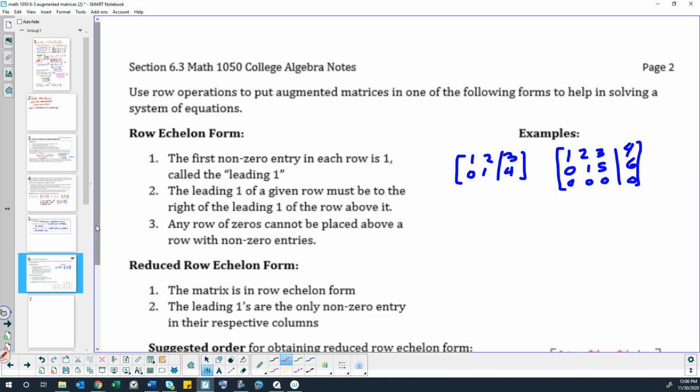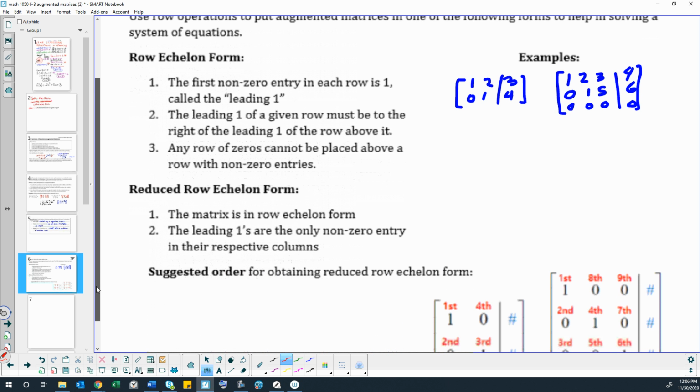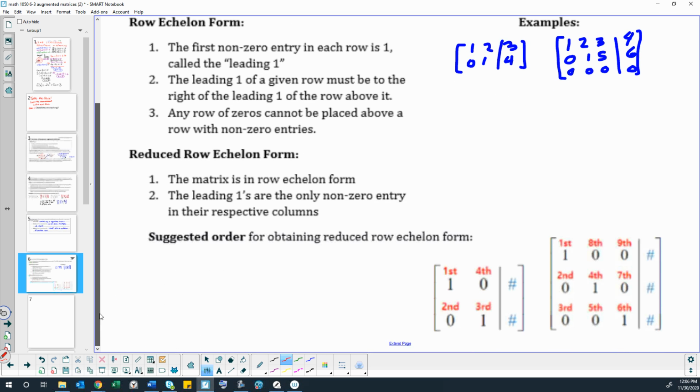Okay, now reduced row echelon form is a little bit more painful to get to, but it's really cool when you have it done because your answers will just be done. The matrix is in row echelon form, just like we just learned about, but besides that, anything that's not a 1 or the constant is a 0.